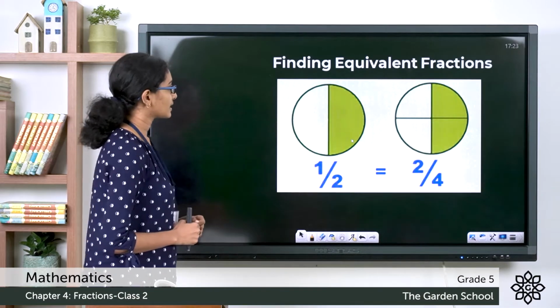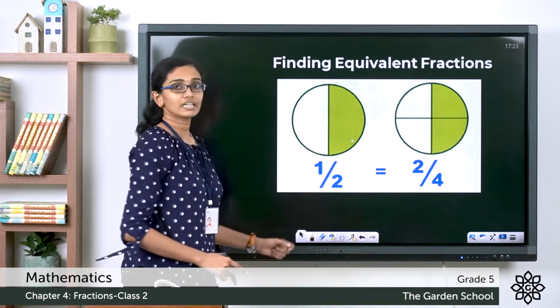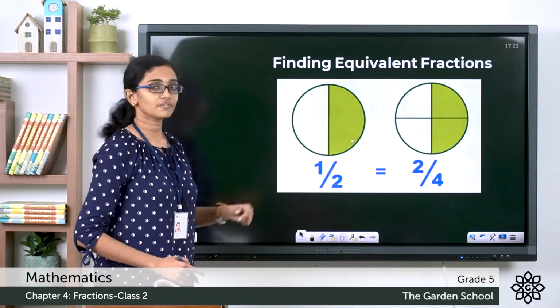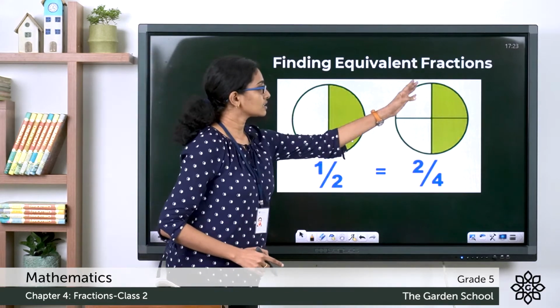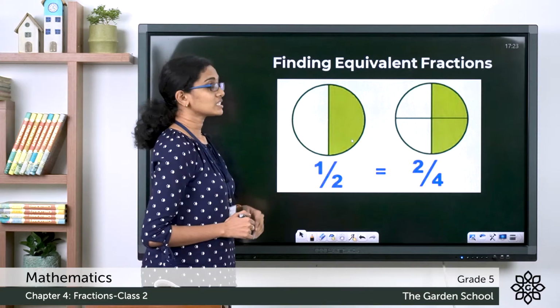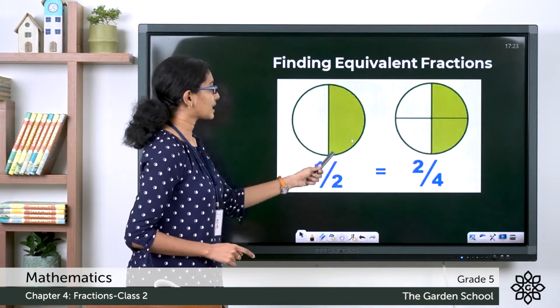Look at this picture given here. One circle is divided into two equal parts in the first one, and here the circle is divided into four equal parts. Now, what is the fraction of the part colored in green?